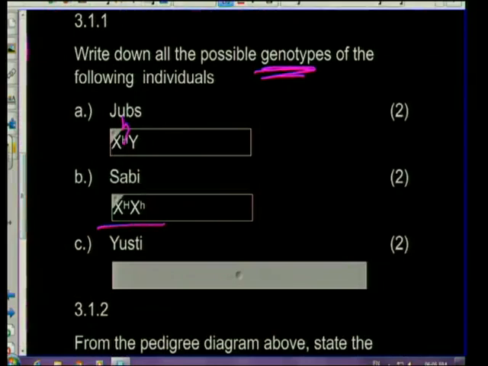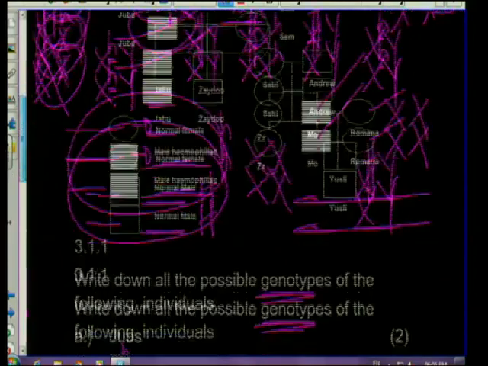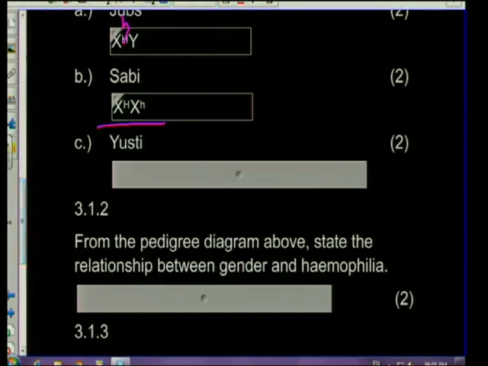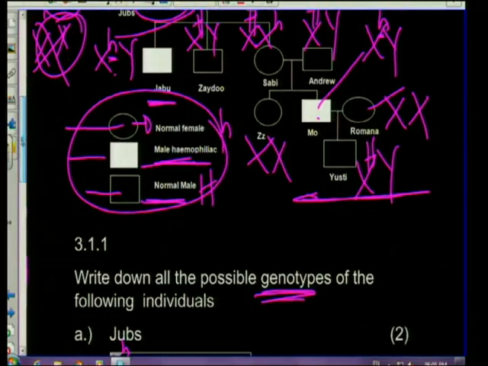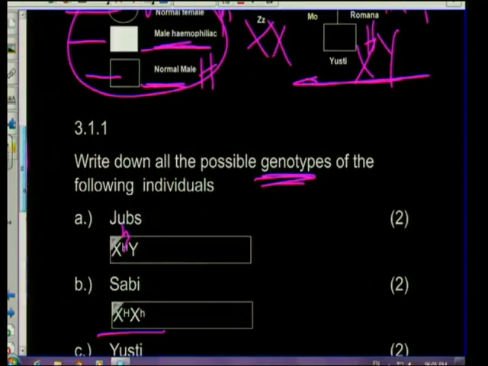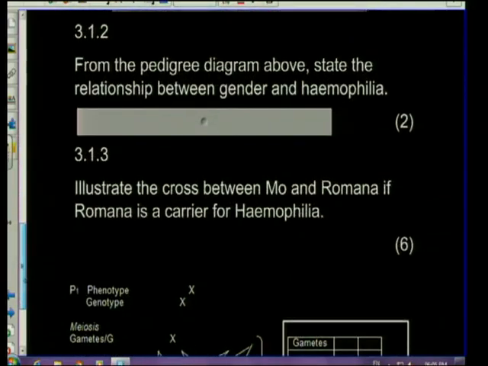And Yusti, let's go back to the diagram. Yusti is this one here, and he's normal, so that's straightforward as well. So therefore, we have that there. But we must also look at Yusti in terms of his mother, but because he's not colorblind, he has to be that there. From the pedigree diagram above, state the relationship between gender and hemophilia. That's straightforward.